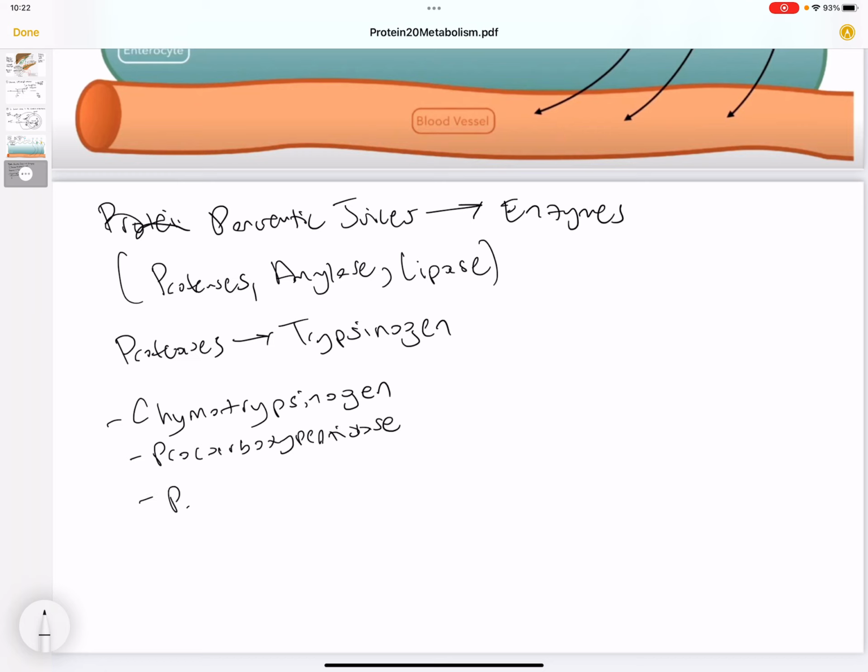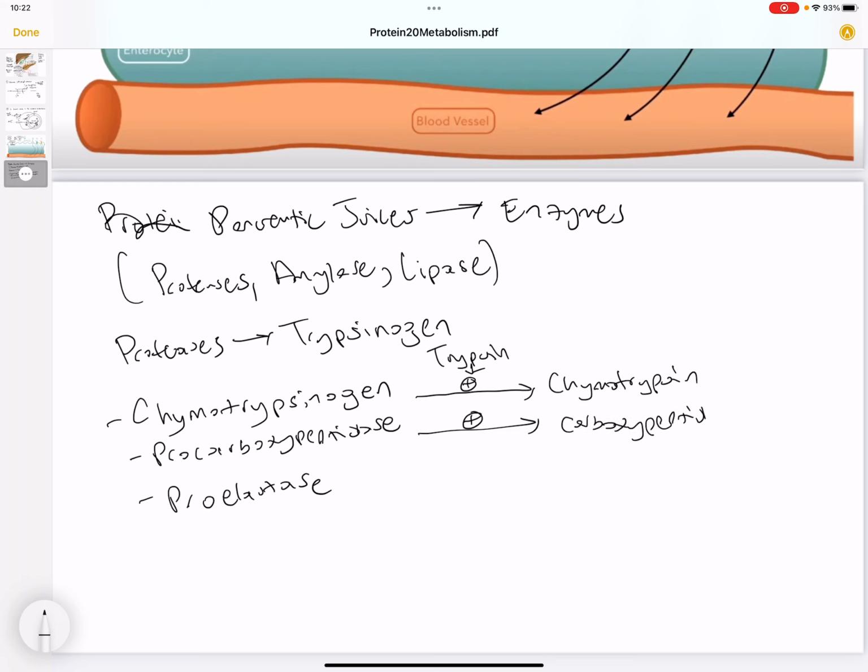And the other one is called proelastase. So trypsin is going to act to convert chymotrypsinogen into chymotrypsin, procarboxypeptidase into carboxypeptidase, and proelastase into elastase.